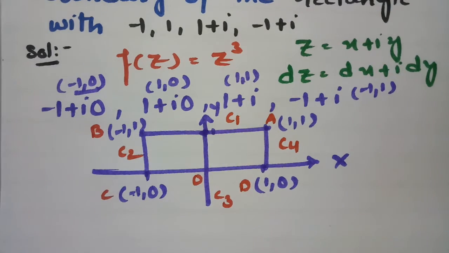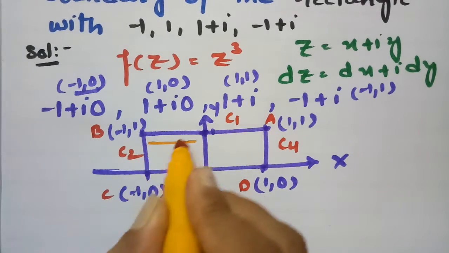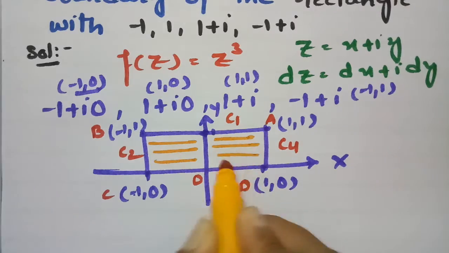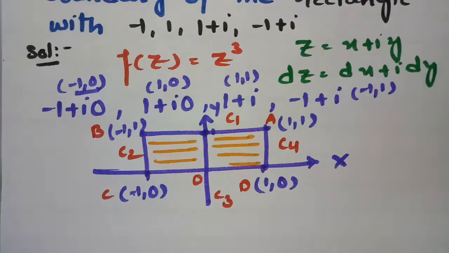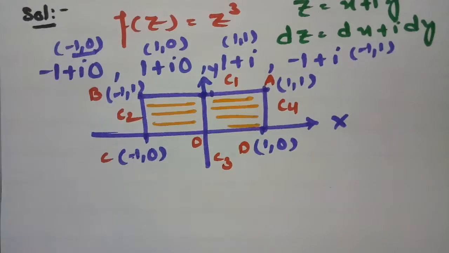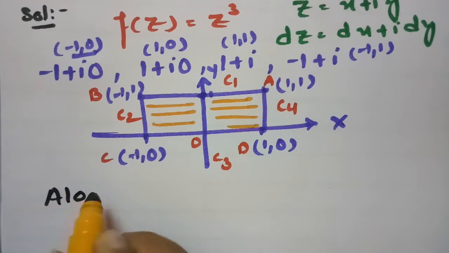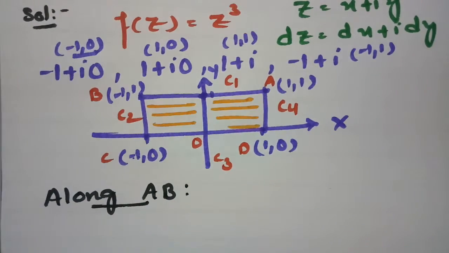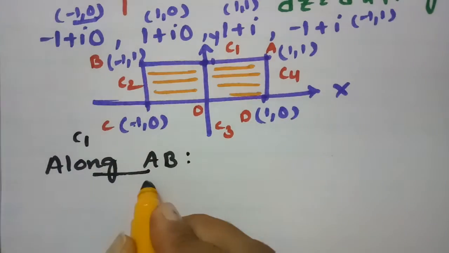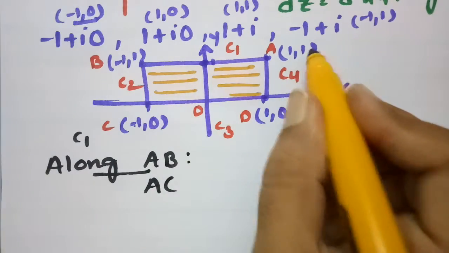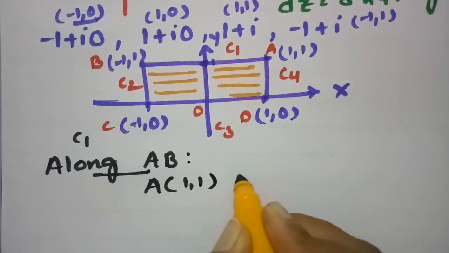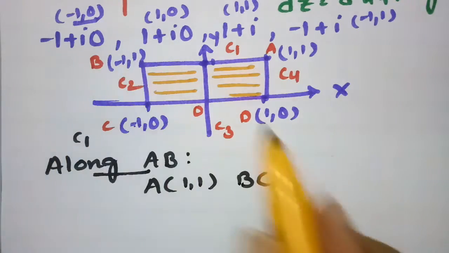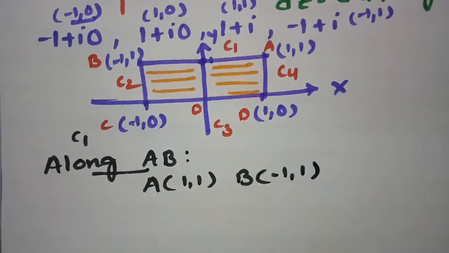See here. First of all, we consider along AB. This is the curve C1. The point A is nothing but 1, 1, and the point B is -1, 1.